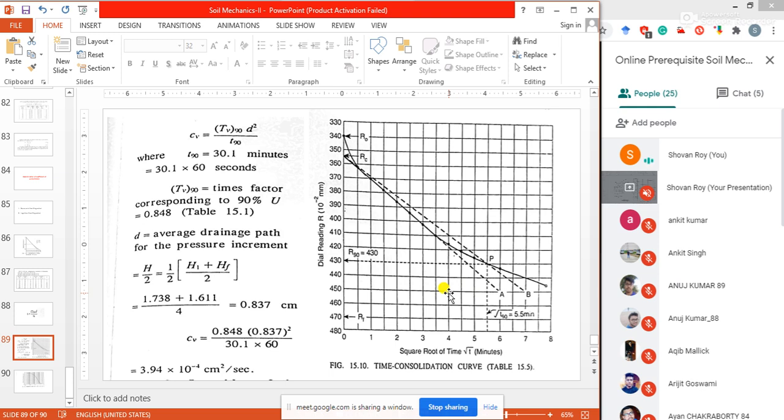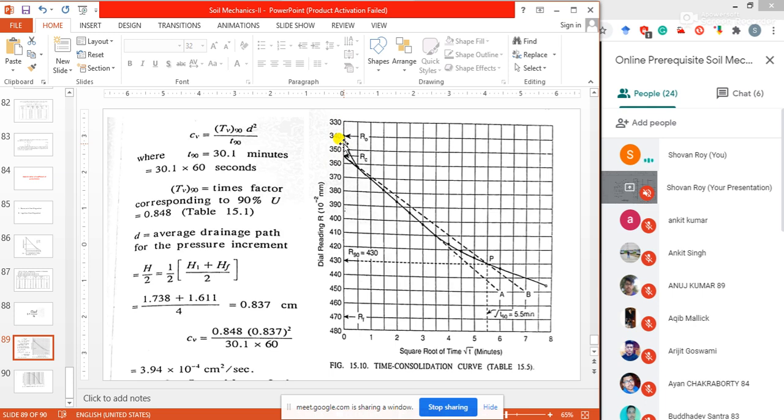The line is produced back to meet the ordinate at RC, which is called the corrected zero reading, and the consolidation between R0 and RC is called initial consolidation. So R0 to RC, this value is initial consolidation.